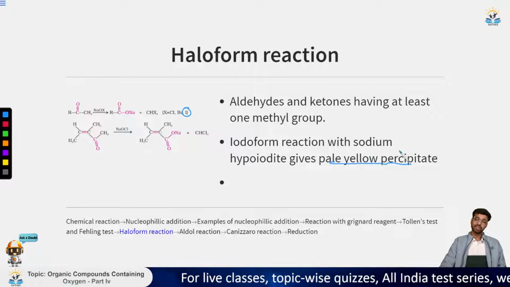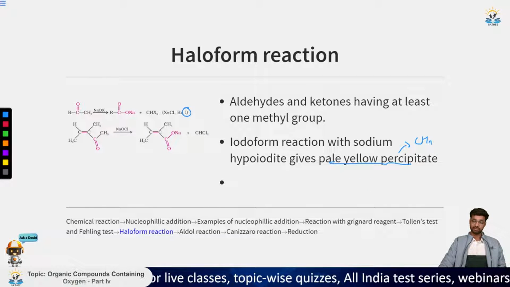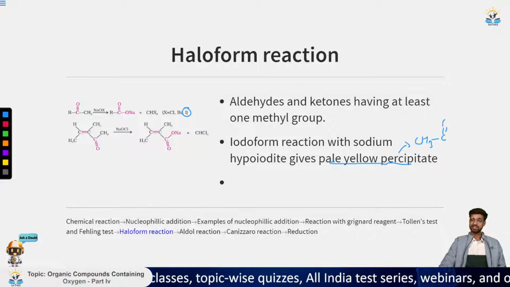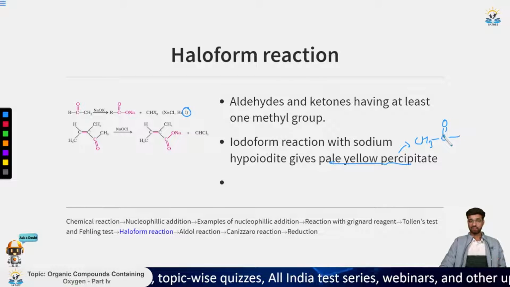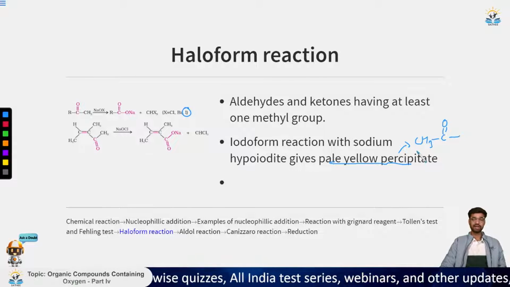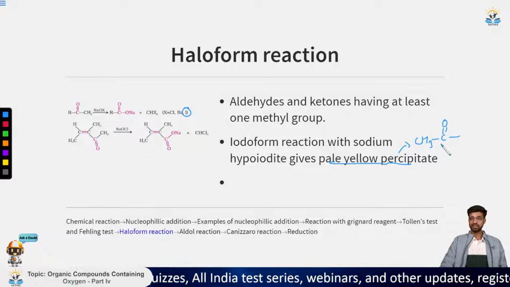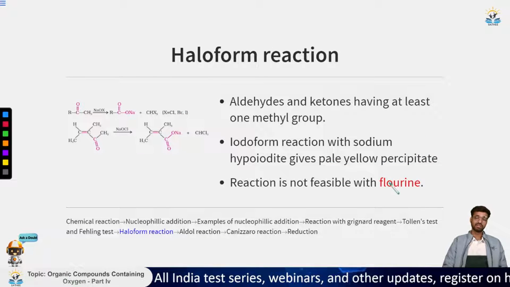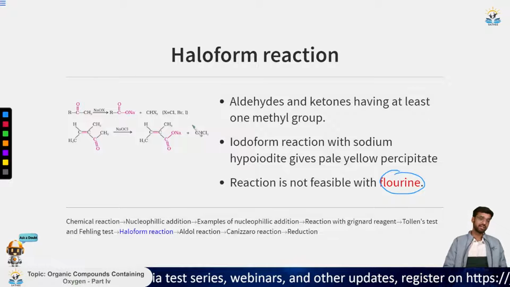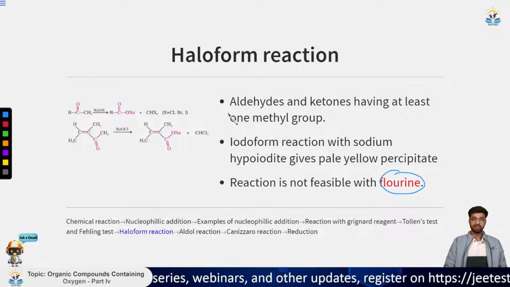This will indicate that at least a CH3CO group is there in this compound, so it can also be used as a detection test for CH3CO. Now this reaction is not feasible with fluorine. So these are the important points for our haloform reaction.